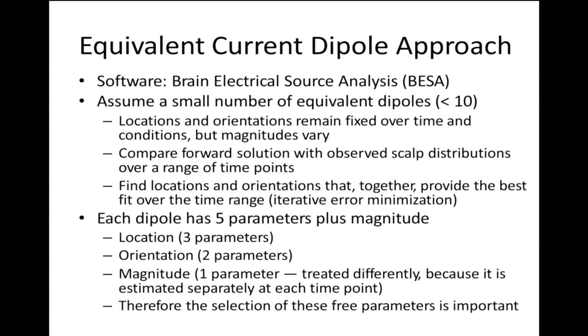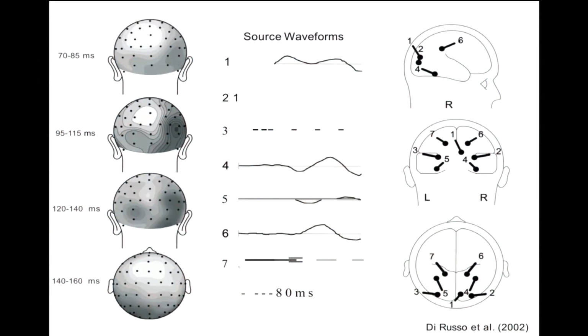You have to start at a reasonable point, otherwise your model does not converge if you just select arbitrarily or randomly, because there is no way you get convergence. But if it is guided by previous research, once you roughly know where you expect your dipole, then you can get a reasonable approximation.